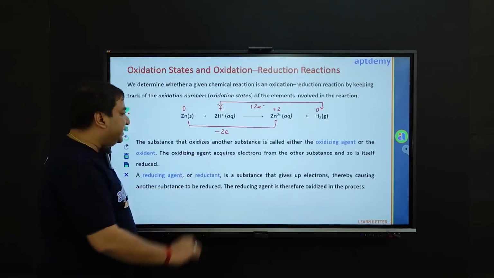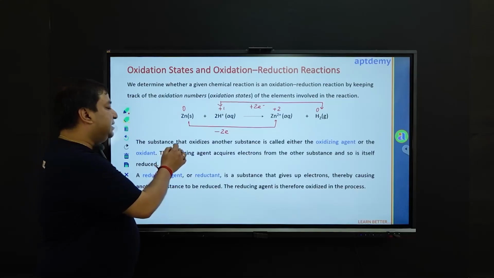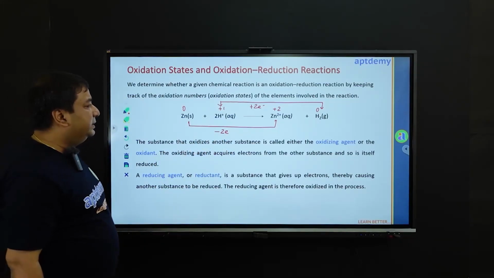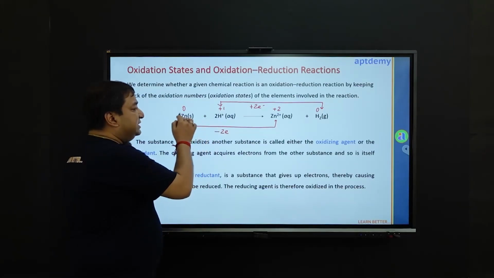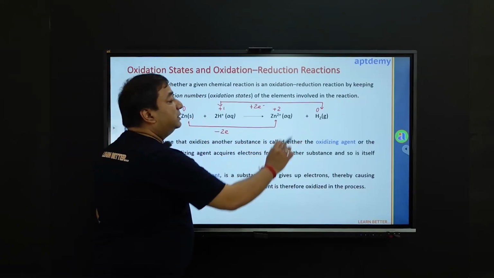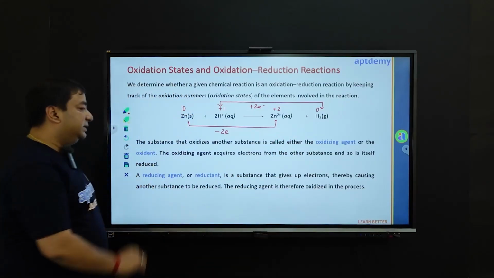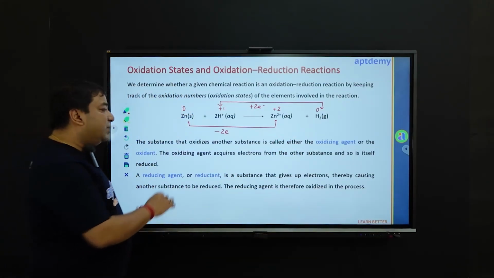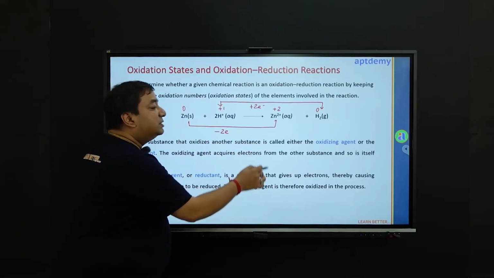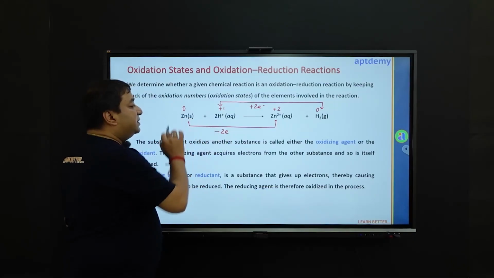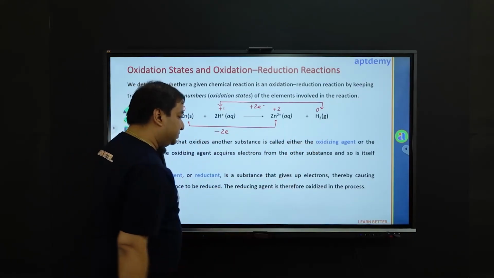In a sentence, a substance that oxidizes another substance, that is the proton oxidizing zinc, is called an oxidizing agent or oxidant. In the process, the oxidizing agent acquires electrons from the other substance. That is, the proton is taking the 2 electrons from the zinc and itself is getting reduced.